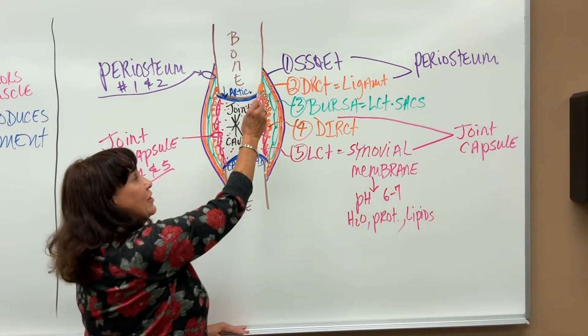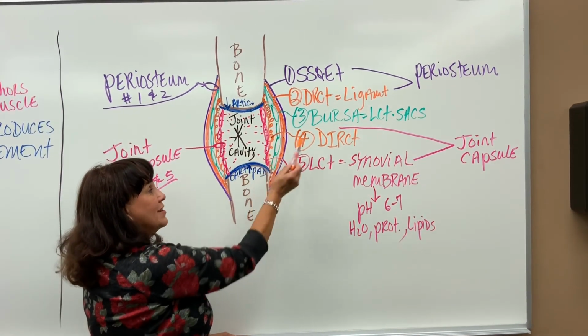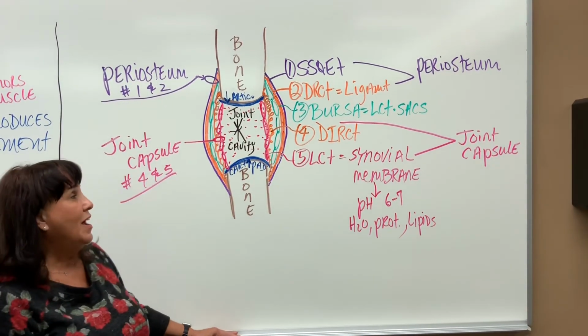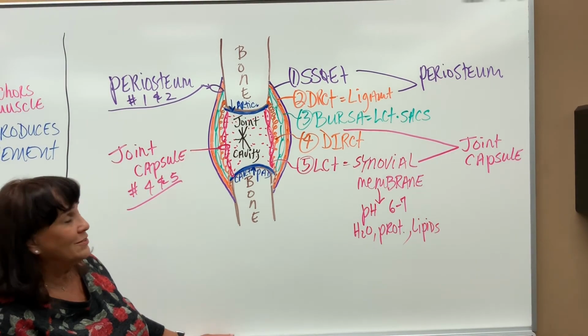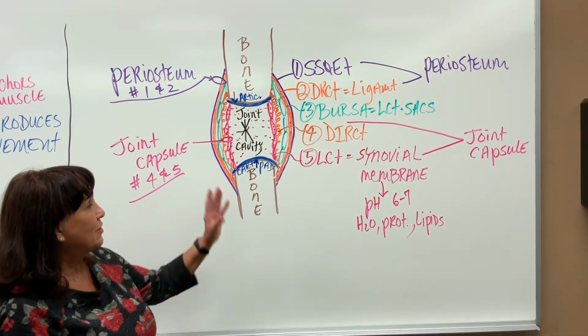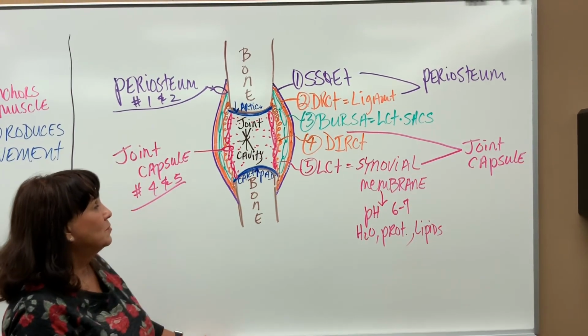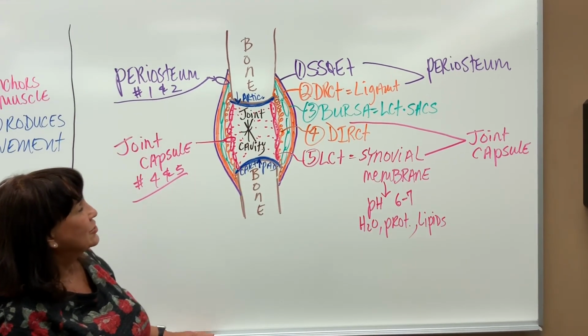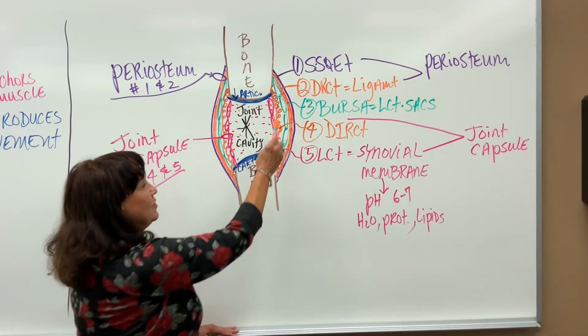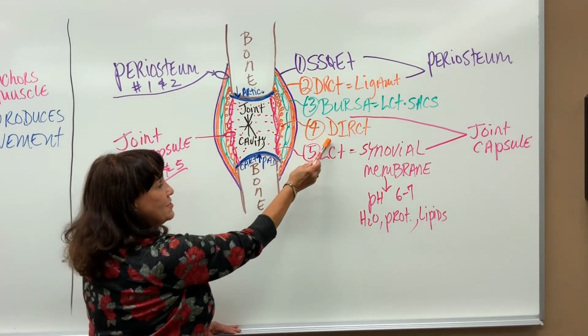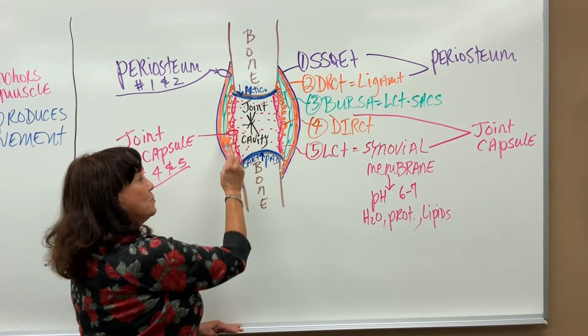Then we have a layer of loose CT sacs called bursa, okay? They're fluid-filled sacs with loose CT matrix, and they're for cushioning in the joint area right here. The tissues cushion the different layers. And after that, we have a layer of dense irregular CT, number 4, right here on both sides.